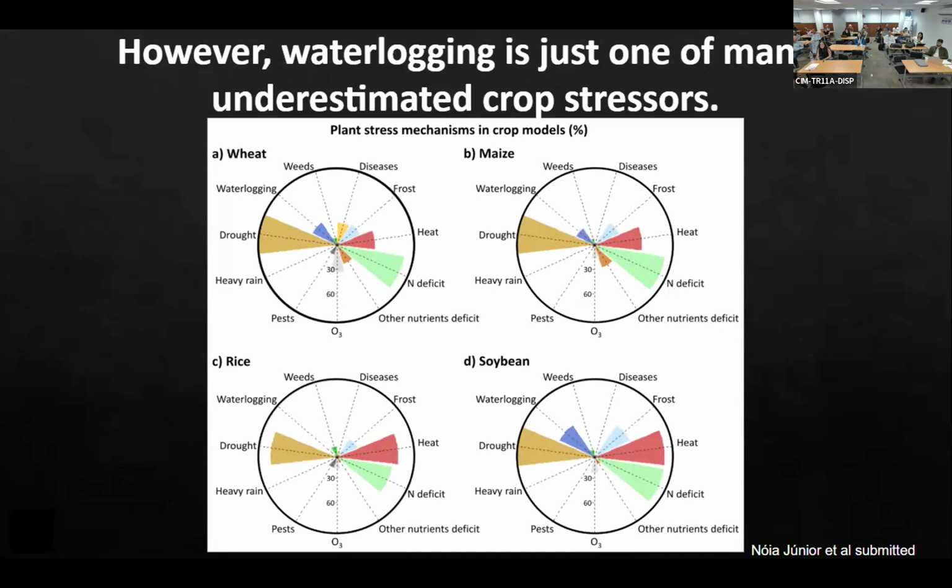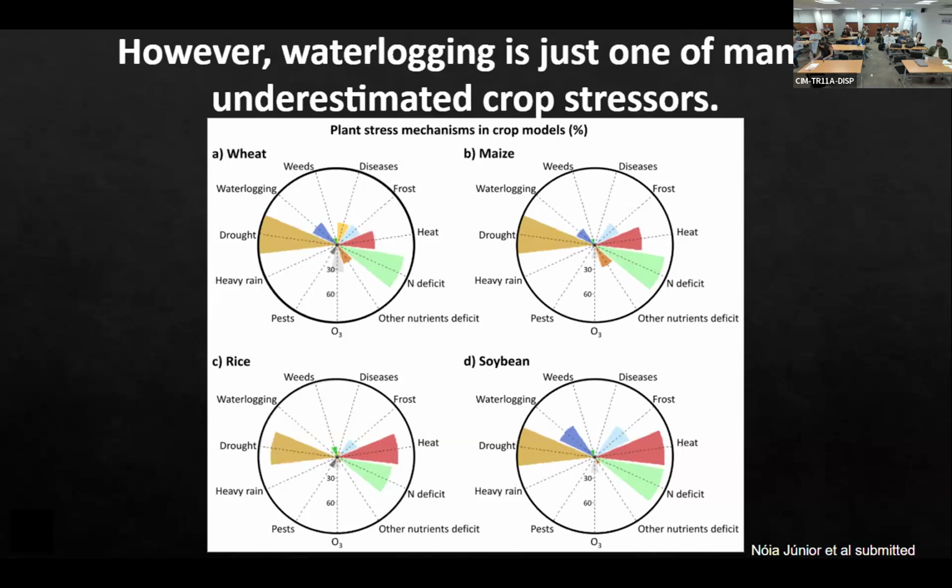And you see, for example, here for wheat, and the same story for all the crops, all of them do drought, many of them do nitrogen deficit. For some crops, many of them consider heat stress. But in most cases, they don't consider waterlogging, weeds, disease, frost, pests, ozone, and other nutrient deficits.